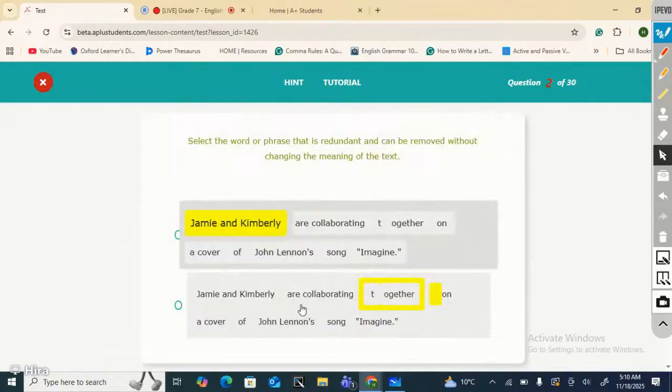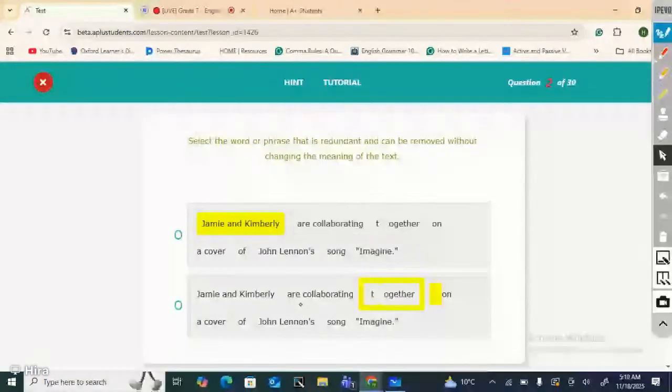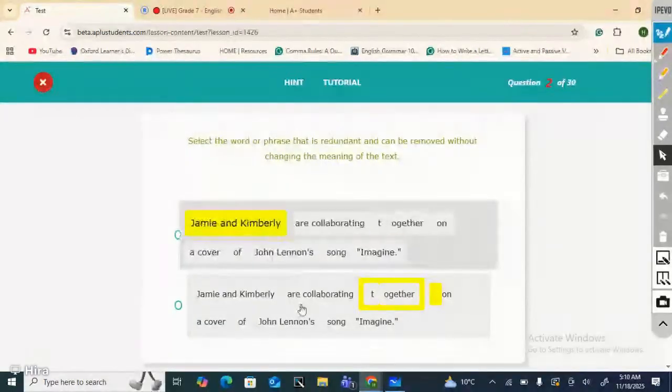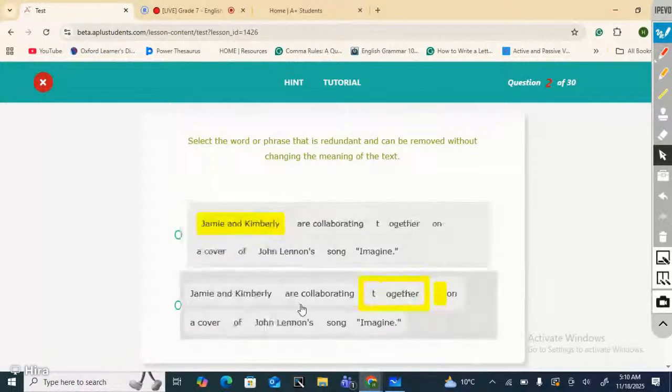Jamie and Kimberly are collaborating together on a cover of John Lennon's song Imagine. Now you have to select the word or phrase that is redundant. Option 1, Jamie and Kimberly. Is it redundant? No. So we are not going to select this phrase. Now option 2, it says together. Why should we select this word as a redundant word?